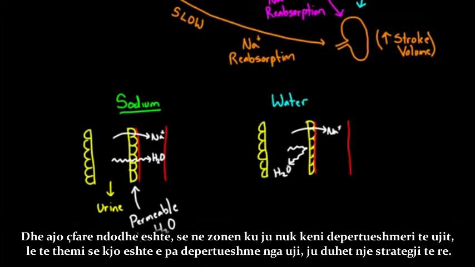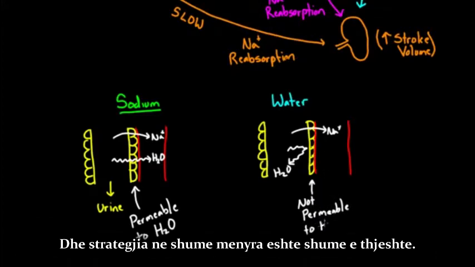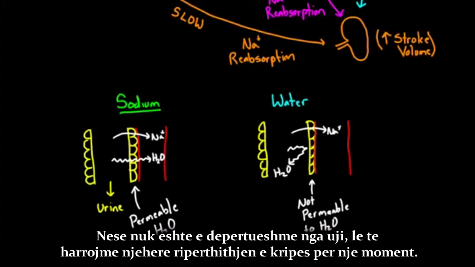And so that's exactly what happens in areas where you don't have permeability to water. So let's say this is not permeable to water, you need a new strategy. And the strategy, in a way, is very, very simple. Well, if it's not permeable to water, why not forget about reabsorbing salt for the moment?